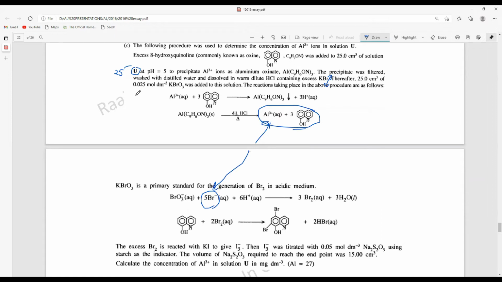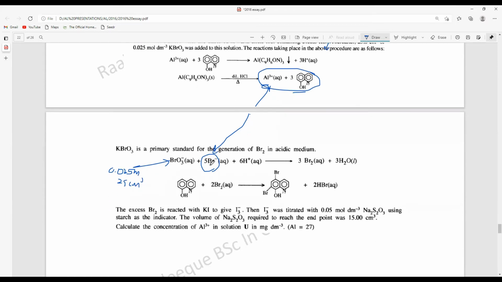Then they added 25 cubic centimeters of 0.025 M KBrO3. So you can calculate the moles of BrO3 minus added.